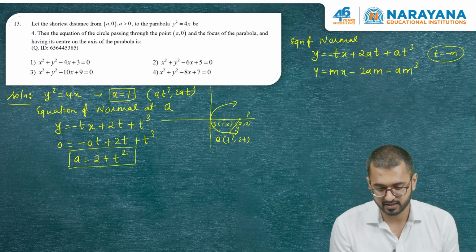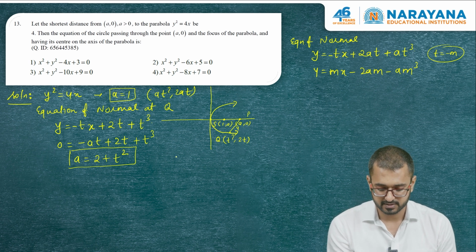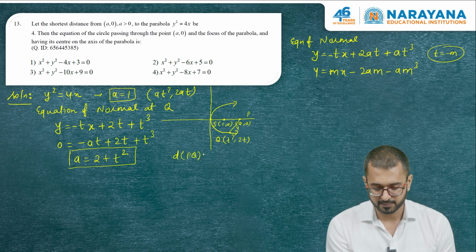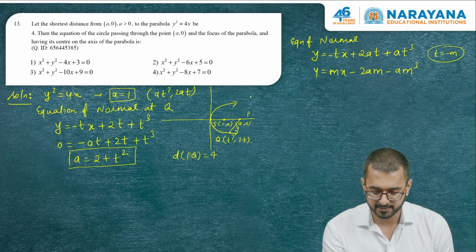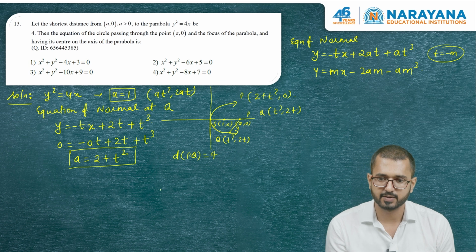Now they have given that this PQ length is 4. Since PQ is given to be 4, let us use the distance formula. That means point P is 2 plus t square comma 0, and Q point is already given, t square comma 2t. Now let's apply the distance formula.